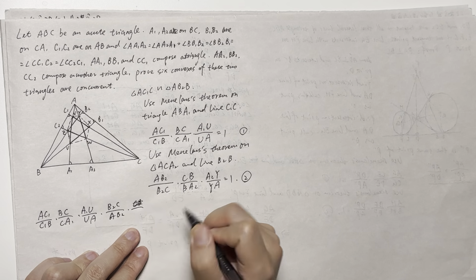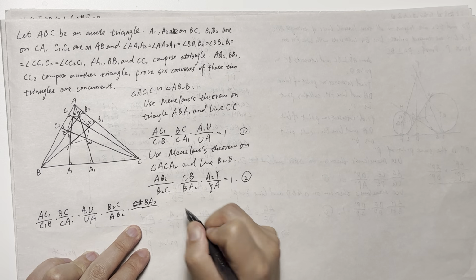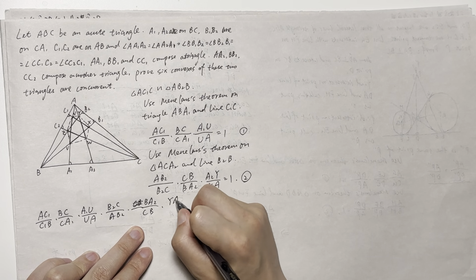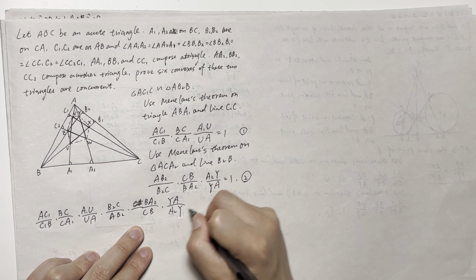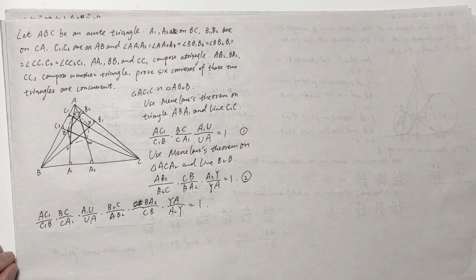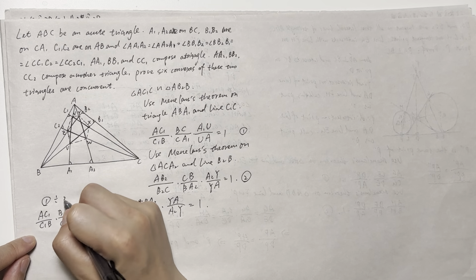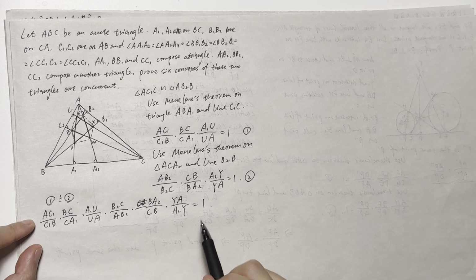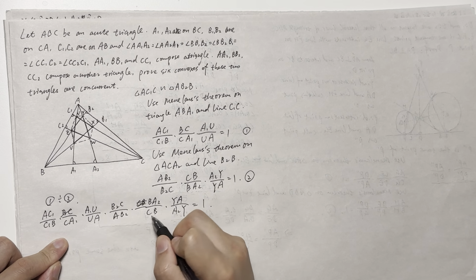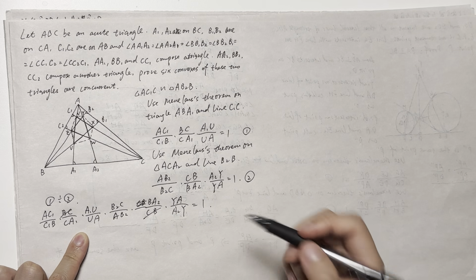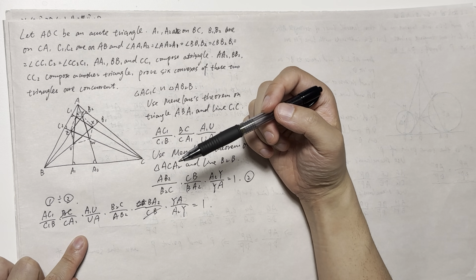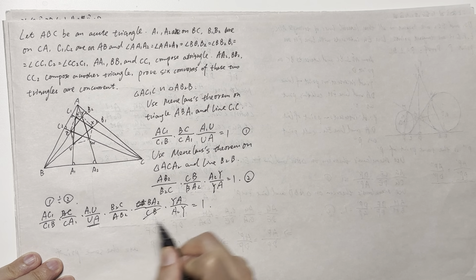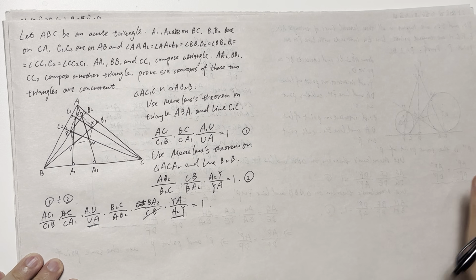Oh no, this here should be BA2 divided by CB times YA divided by A2Y equals 1. Right, we use the first equation divided by the second equation, we got this one. And we know that BC can cancel the CB.